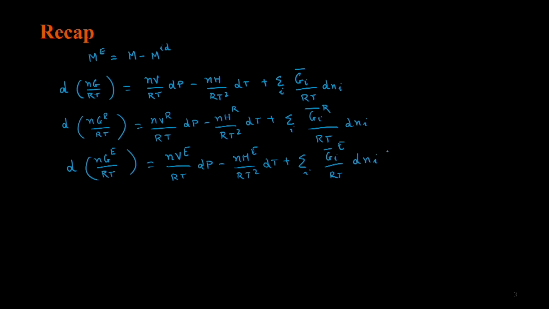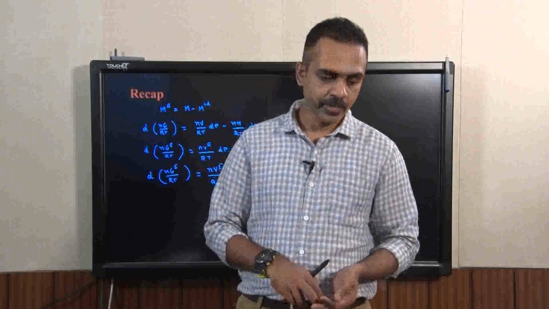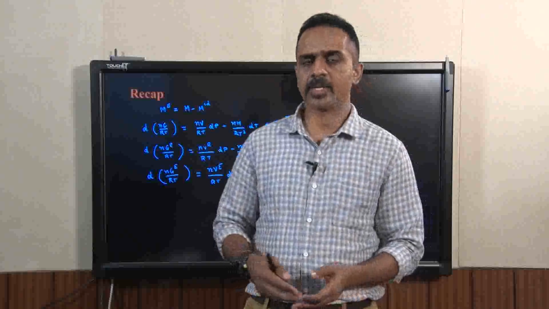And based on this, we can write a host of derivatives such as the derivative of nG over RT with respect to temperature will be negative nH by RT squared, and so on. Of course, that derivative is taken at constant pressure and composition. So we looked at the similarities between the residual properties and excess properties, and we also talked about the nature of excess properties.